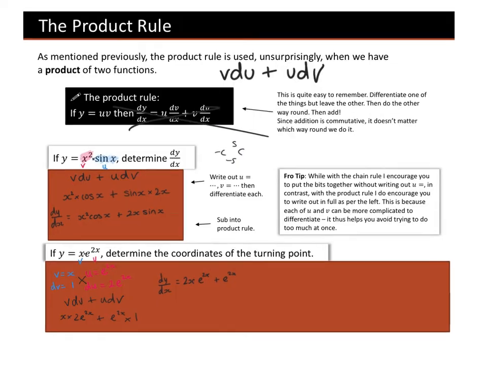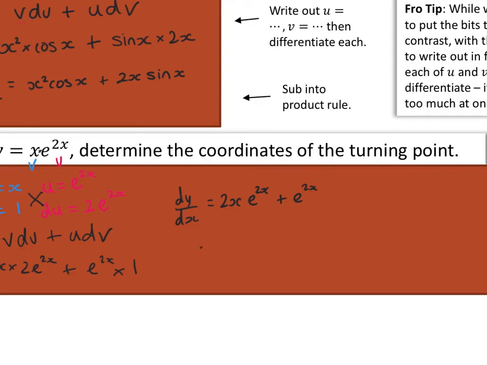So what we're going to do, we're going to make this equal to 0. Now you're probably thinking to yourself, how on earth am I going to solve this? Well, guess what, everyone? They both have a common factor of e to the power of 2x. What do you think I'm going to do? I'm going to factorise. E to the power of 2x bracket 2x plus 1 equals 0.